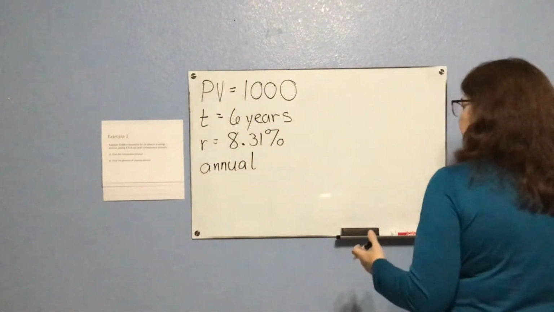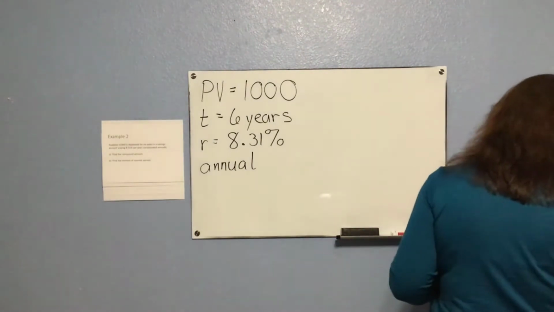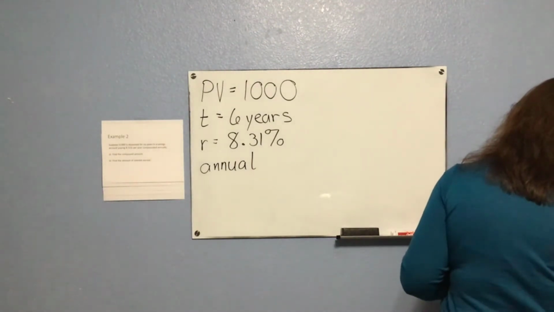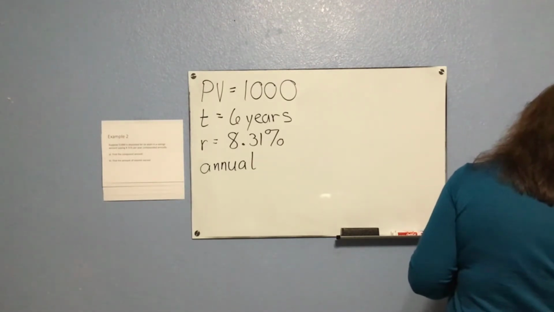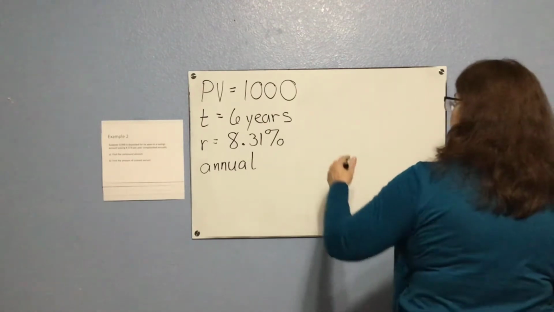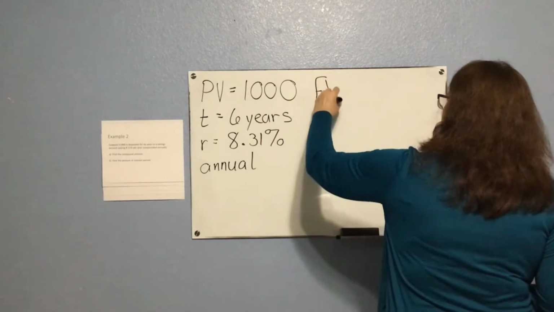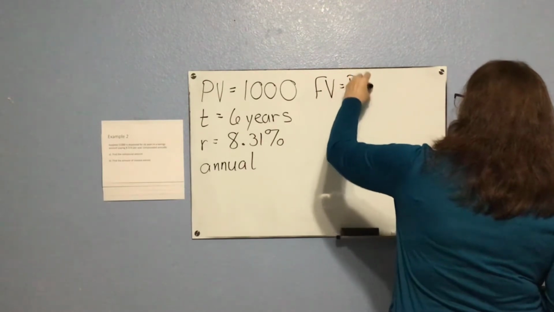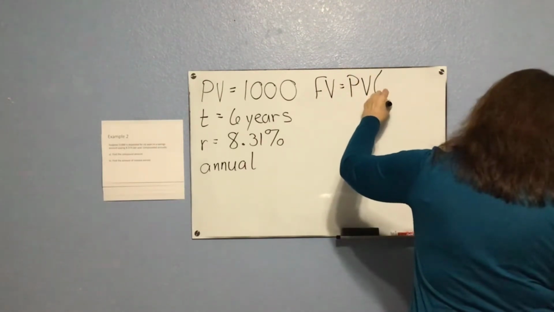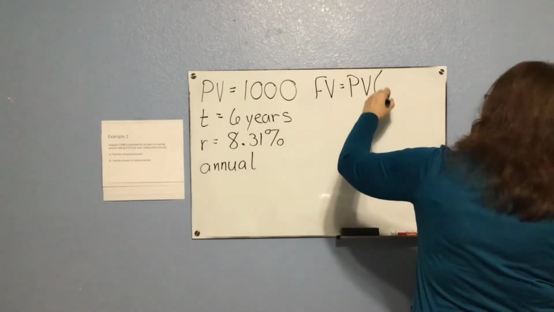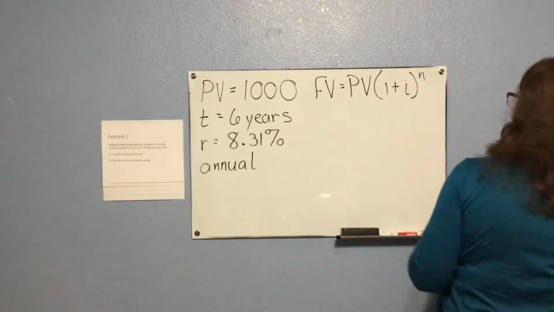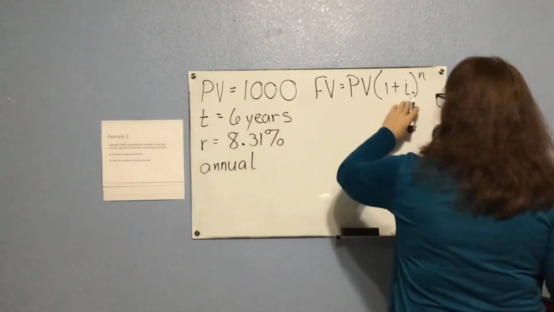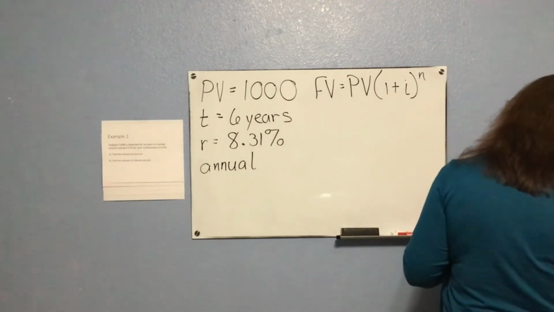Okay, the first thing they ask us to do is to find the compound amount. So the compound amount would be, let's use our future value formula. When they ask for the compound amount, this is what they're asking for.